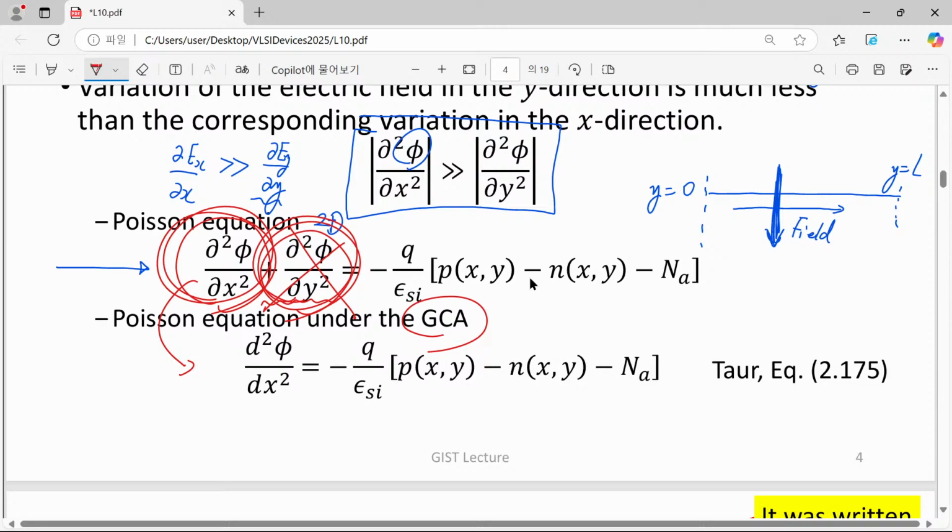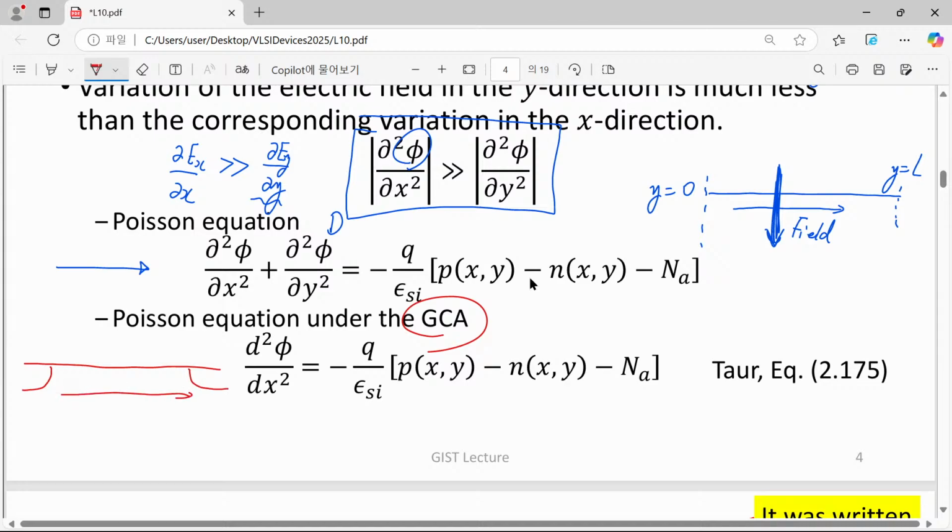Yes, we can do it, but more intuitively, think about this one. We are now considering a very long channel device. It is very long, and the source and drain are widely separated, and we have applied a very small drain voltage, which is quite close to zero.